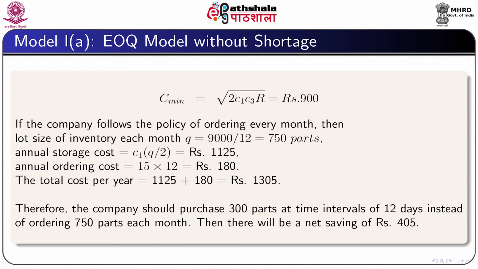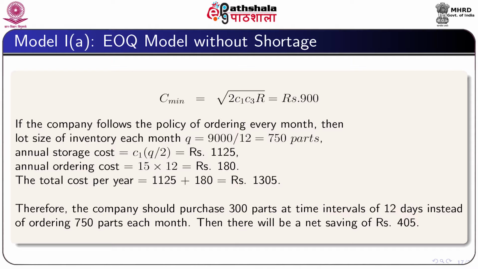Now, in that case the minimum cost will be ₹900. Now, if the company follows the policy of ordering every month, then the lot size of inventory each month will be Q equal to 9,000 by 12, which is equal to 750 parts, and annual storage cost will be equal to C1 into half Q, that is equal to ₹1,125.